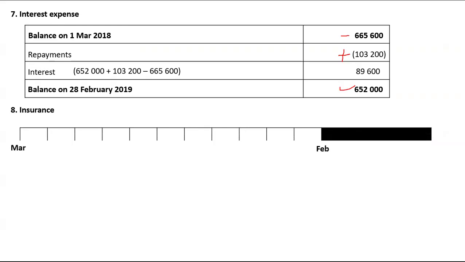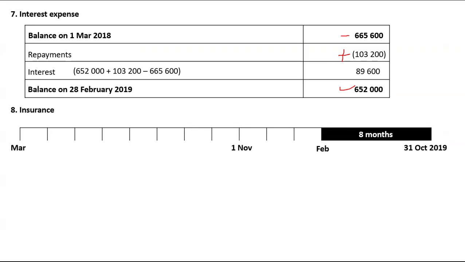We made this payment on the 1st of November 2018, and it was an annual payment. So it'll cover us until the 31st of October 2019, which is a year. You will notice that of this insurance payment we made, 8 months fall outside the financial year.